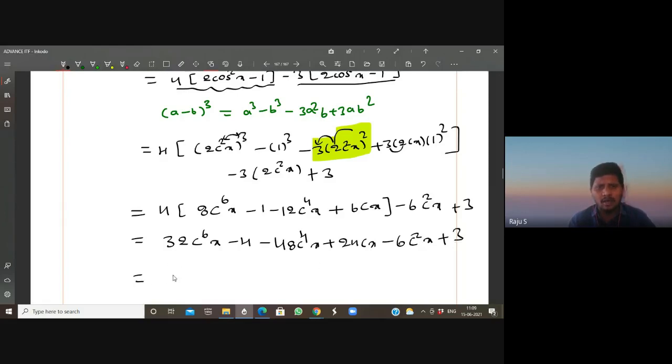Now write in order, in descending order. Highest degree is 6, only one term there, that is cos to the power of 6x. Next the fourth degree is highest. Is there any other fourth degree? No.